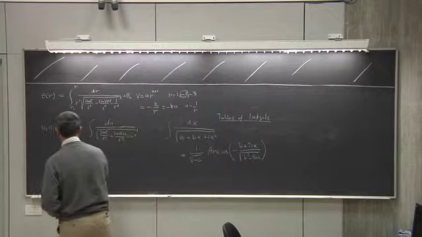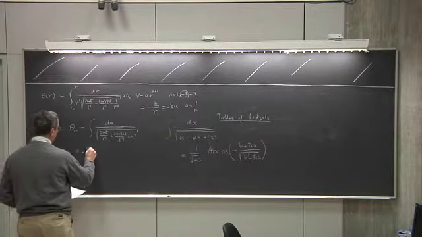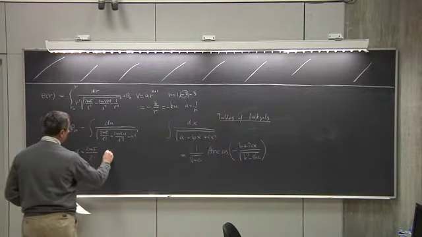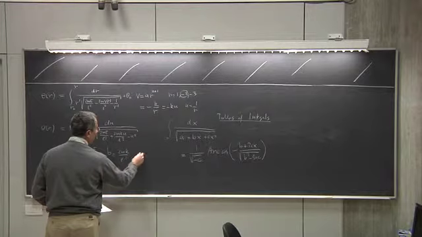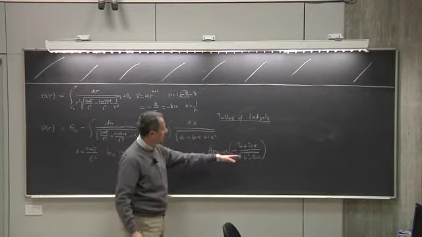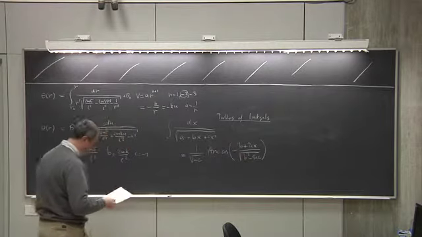By inspection, you see that A is 2mE over L squared, B is the coefficient of the linear term, so it's 2mk over L squared, and C is minus 1. So you just get 1 here, and then you can plug in.